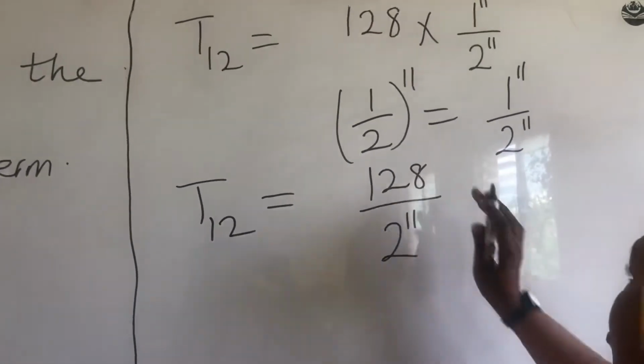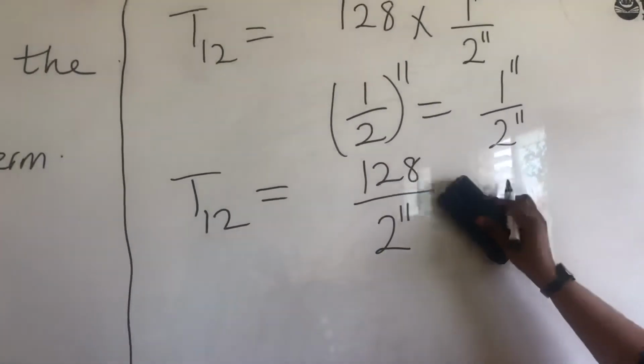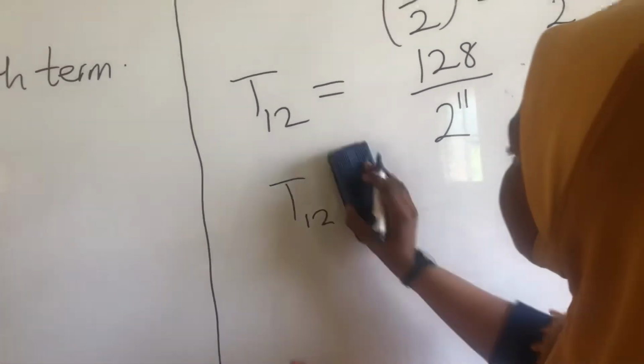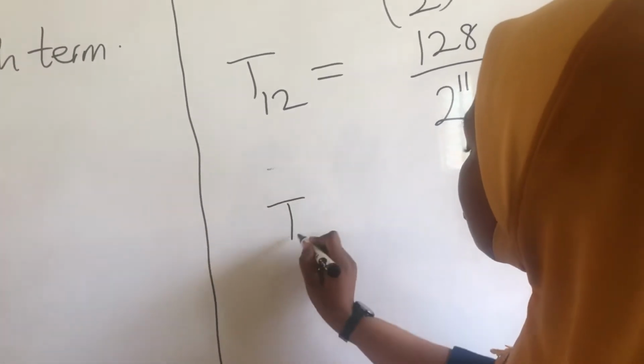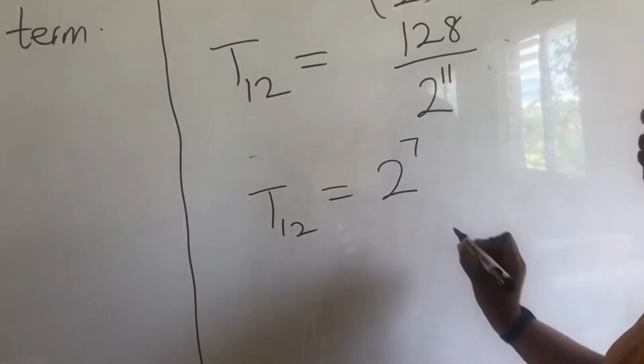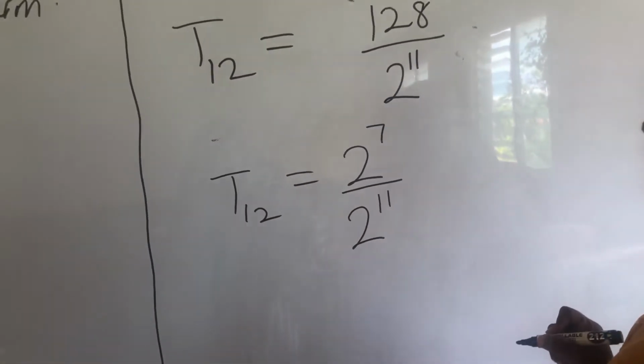Let's write this one also in power form. 128, the 12th term will be equal to 2 raised to the power of 7 divided by 2 raised to the power of 11.